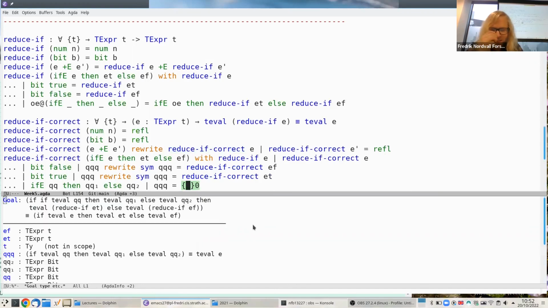Okay, and this is the annoying one, and we're running out of time. So this looks really complicated, right? Where is Q2T and Q2F?